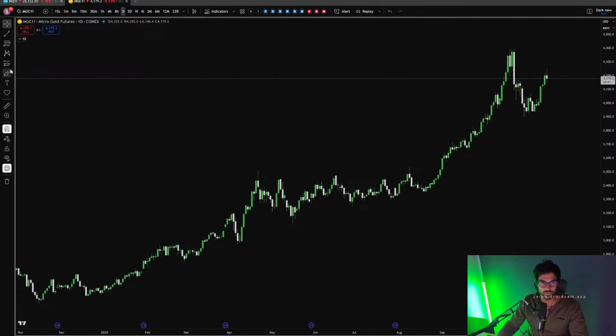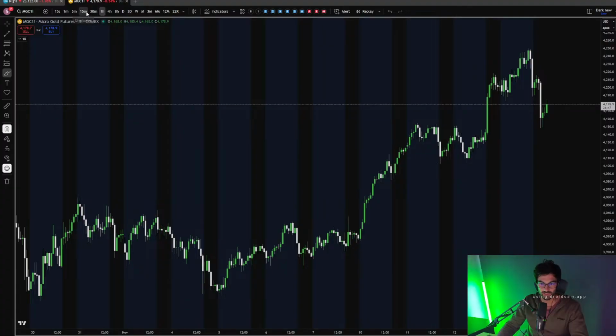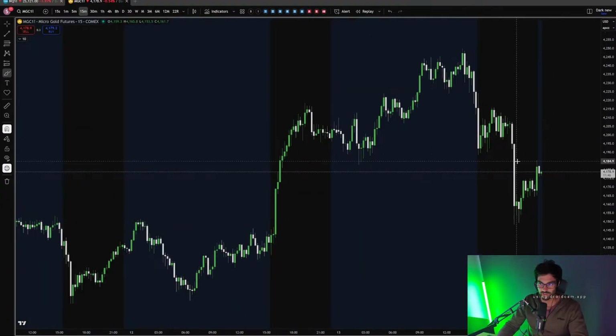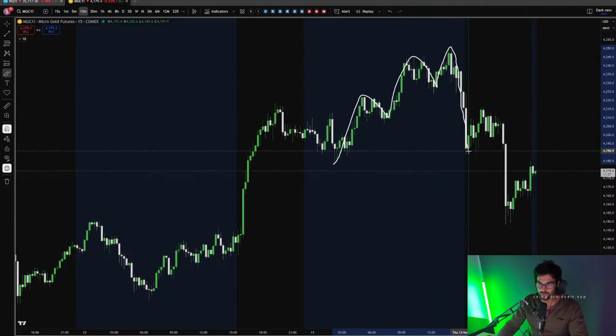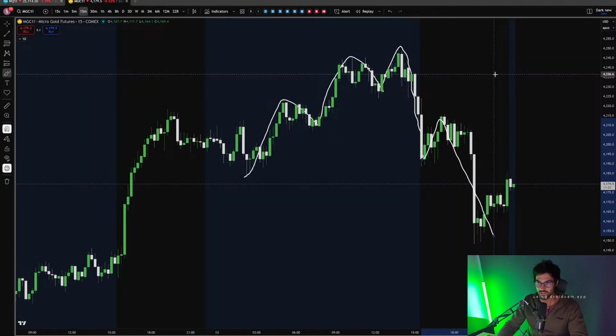Okay, so when we go into the smallest details on intraday price action, for example, we can see that we have a trend during the day, and then a reversal and a trend shift. This is interesting.